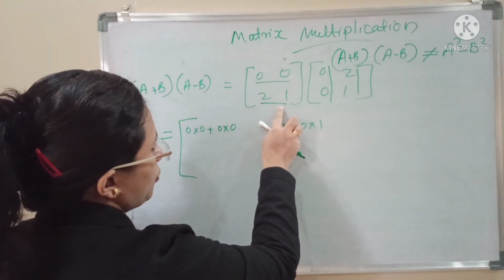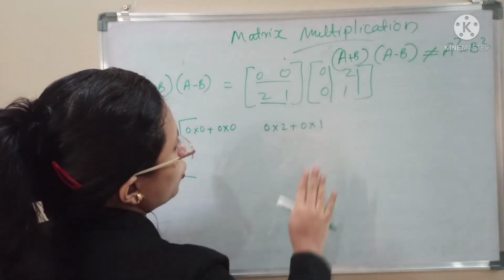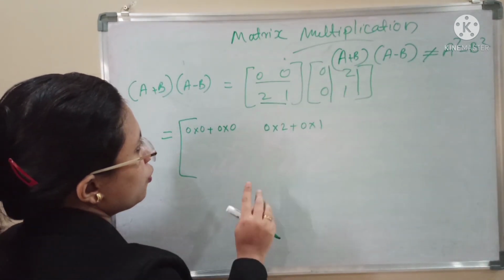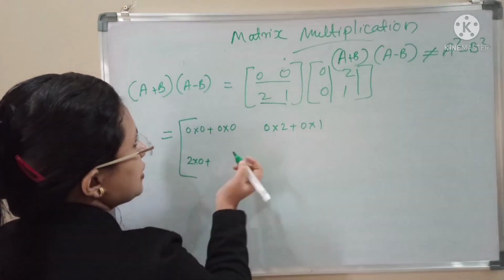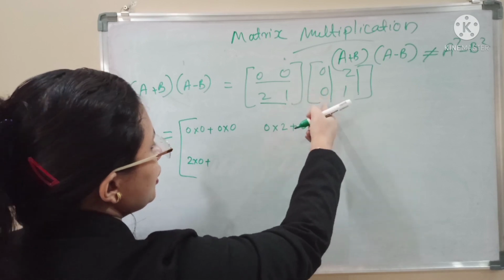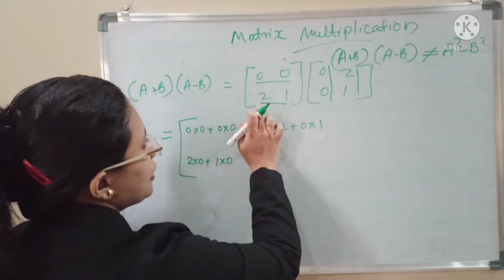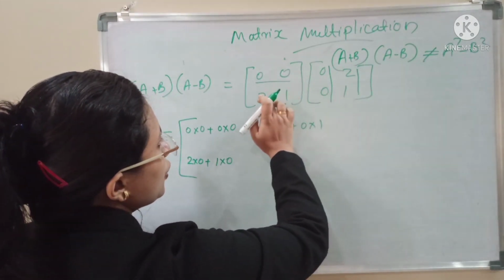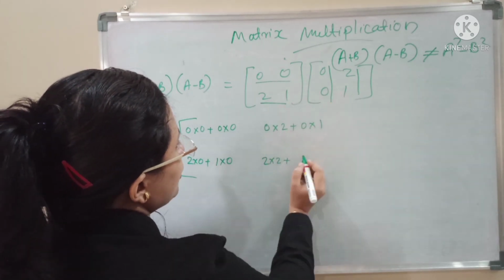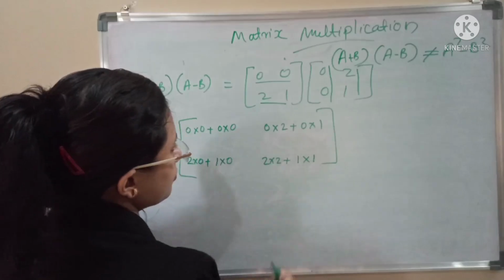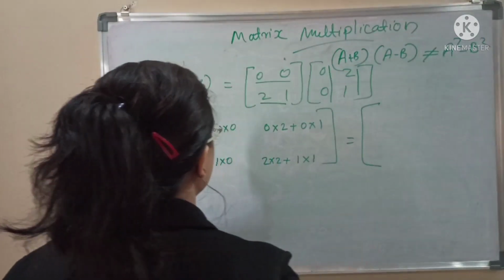Now take the second row, 2 into 0 plus 1 into 0. Similarly, take the same row with the second column: 2 into 2 plus 1 into 1. Now we got all the elements of the matrix.